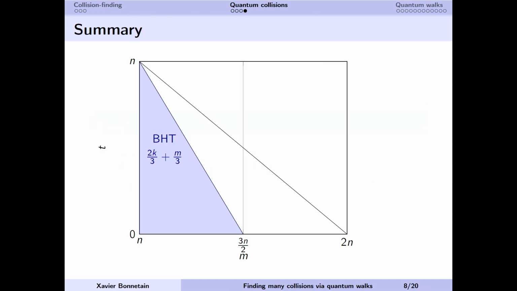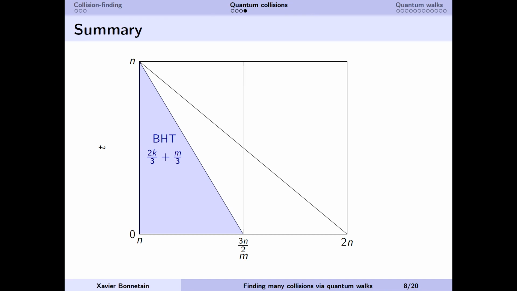So if we want to summarize this algorithm, this is a graph where the horizontal axis is the output size relative to the input size, so between n and 2n, and the vertical axis is the number of collisions in logarithm scale, from 1 collision to 2^n collisions.